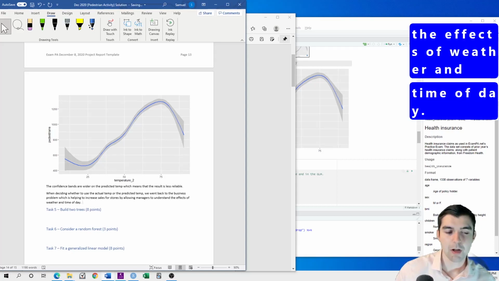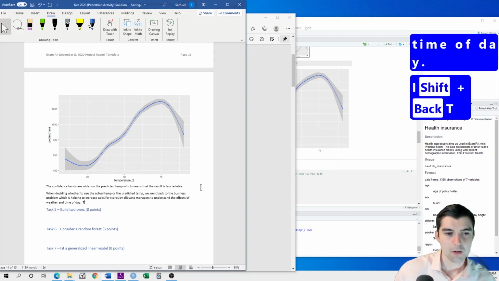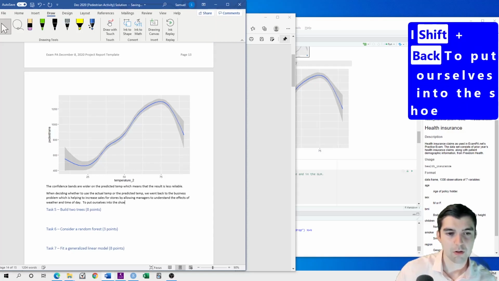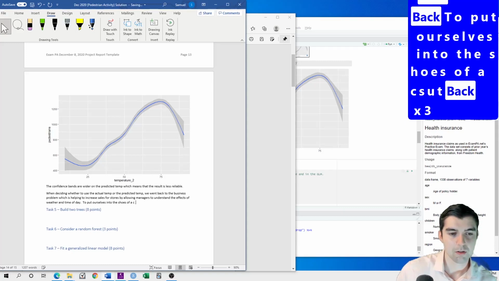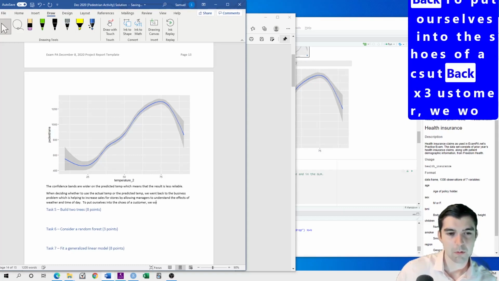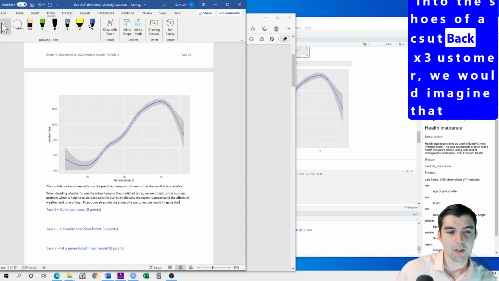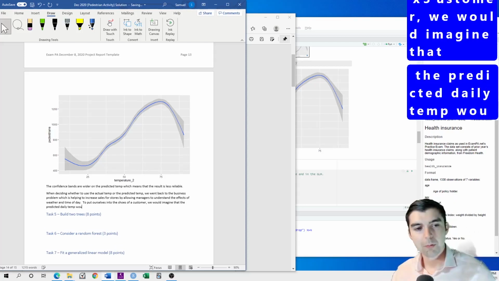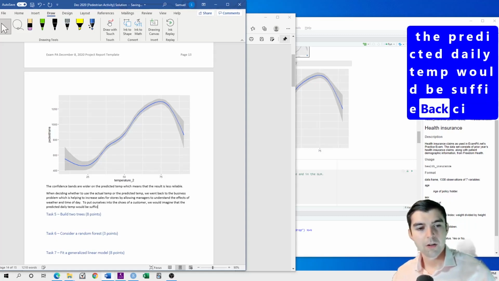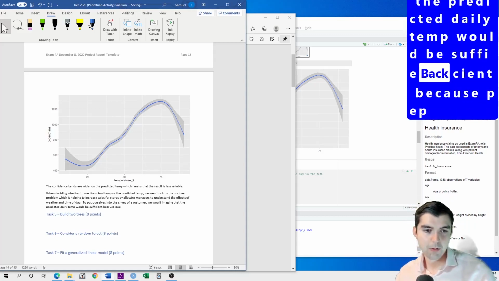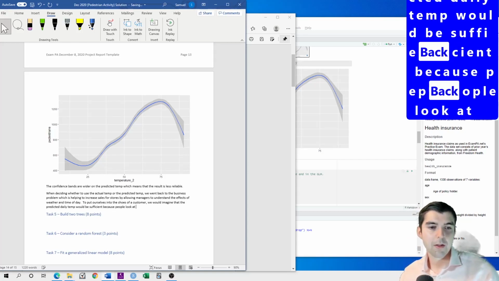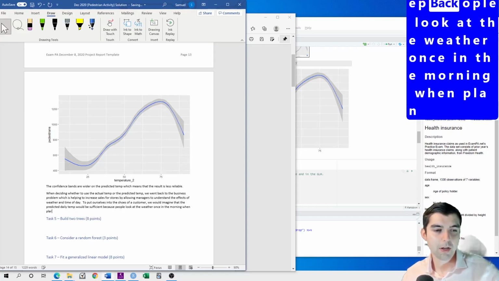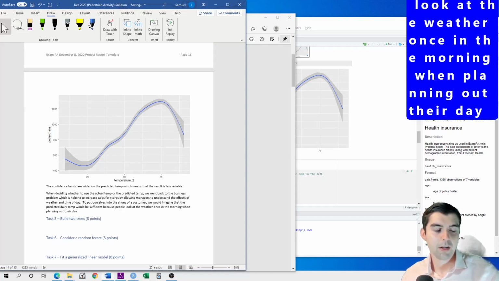So if I was a customer, to put ourselves into the shoes of a customer, we would imagine that the predicted daily temp would be sufficient because people look at the weather once in the morning when planning out their day.